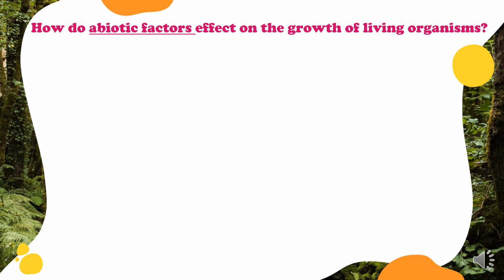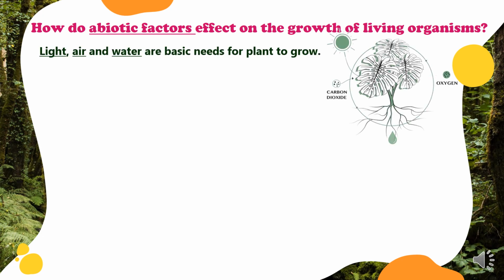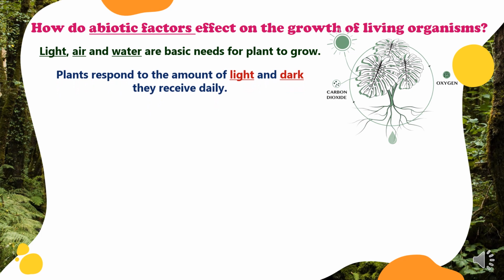How do abiotic factors affect the growth of living organisms? Light, air, and water are basic needs for plants to grow and carry out the photosynthesis process. Plants respond to the amount of light and dark they receive daily.